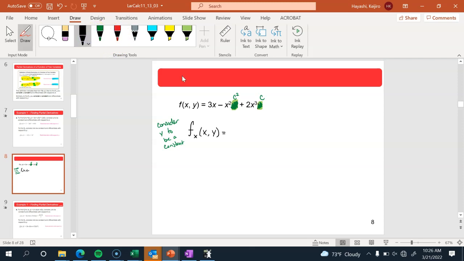The derivative of 3x is 3. The derivative of minus x squared times a constant is going to be minus 2x times that constant. Again, you can just write y squared if you're not changing it. But then the derivative of plus 2x cubed should be plus 6x squared times that constant that you had.